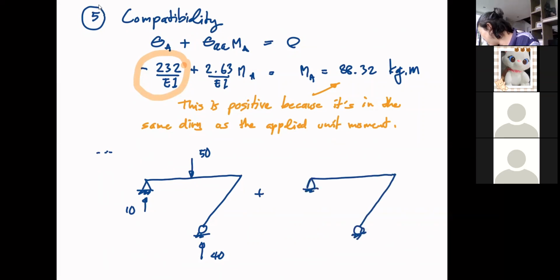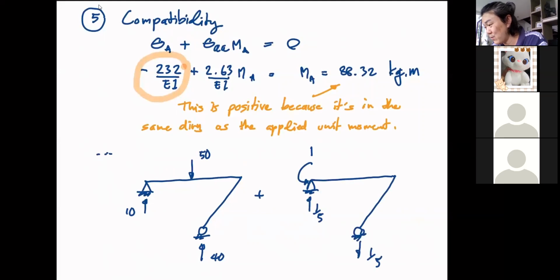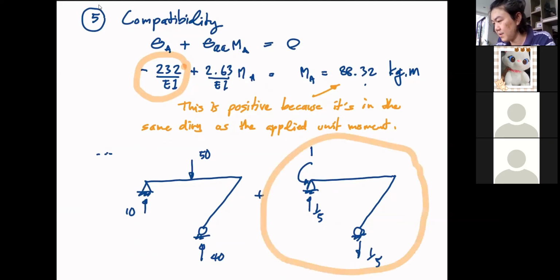Now we apply the moment here. 1, and then we have 1/5 going up, and another 1/5 coming down here. When the moment is equal to this, we multiply everything we have on this by this.